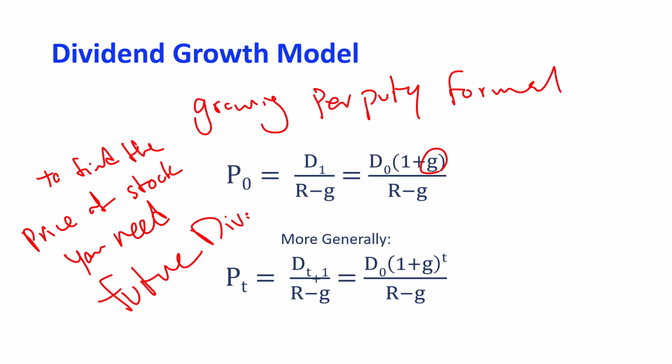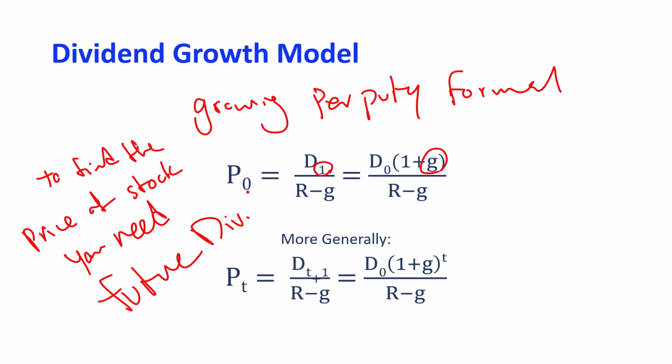So if the question is telling you the company just paid $2 in dividends, that is in the past. That's irrelevant for pricing. To find the price, you need the future cash flows and find the present value of the future cash flows. So the subscript is very important here. I want you to pay attention to it.